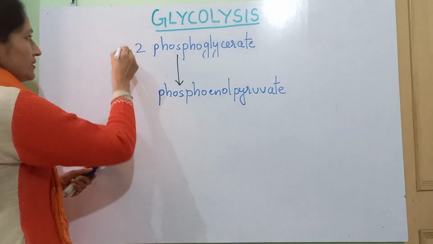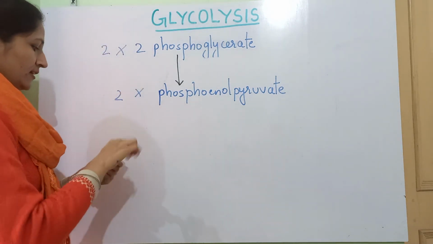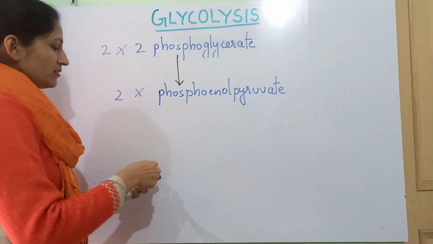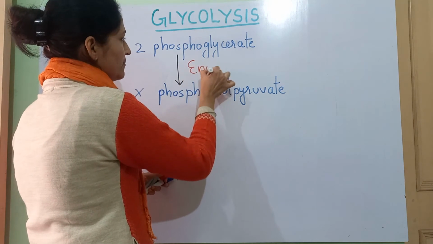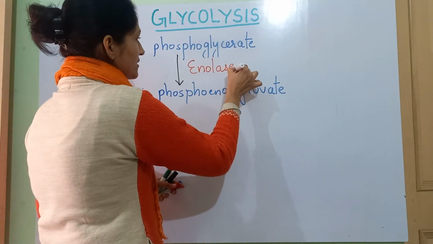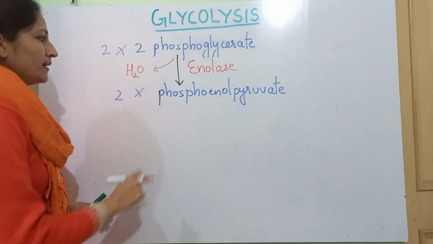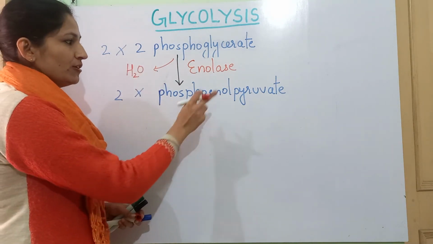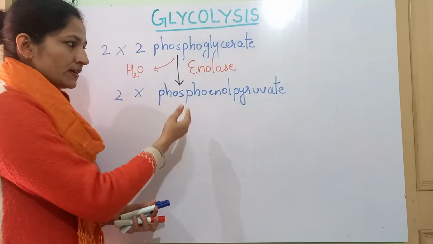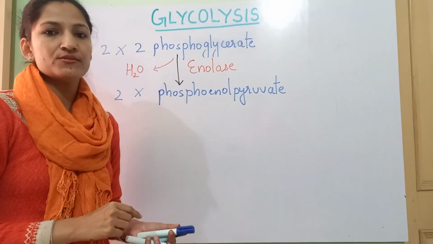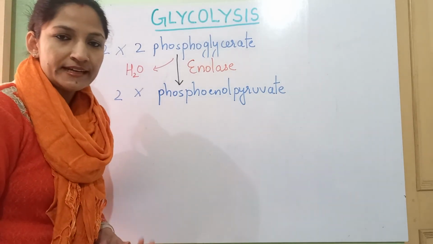So 2 molecules of this. At this particular position, enolation or dehydration is occurring with the help of enzyme enolase and the removal of a water molecule. What we have got is phosphoenol pyruvate. Now from this phosphoenol pyruvate, the phosphate is going to get removed to synthesize ATP.